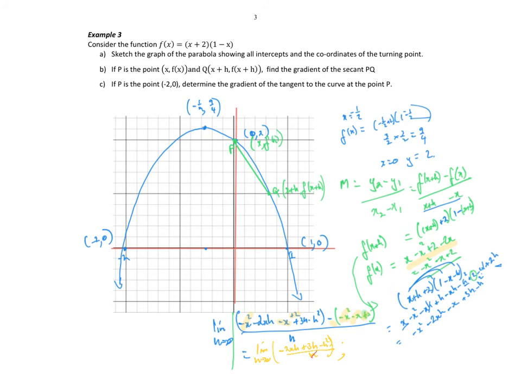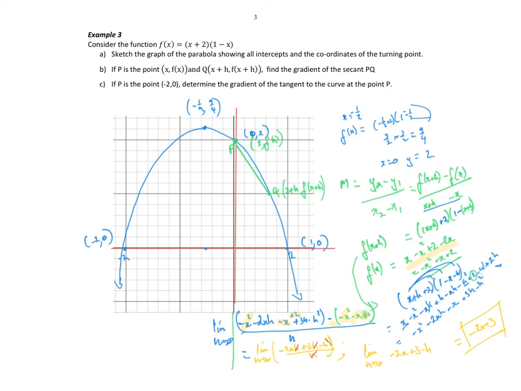H cancels there, there, there, and there, which leaves me the limit as h approaches 0 of negative 2x plus 3 minus h, which equals negative 2x plus 3. Now, it took a long time. Right, so that's the gradient of that green line joining those points. One hopes.